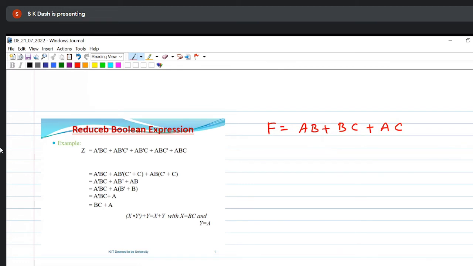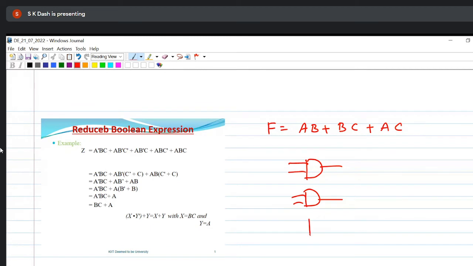If I want to implement this function, what different gates will be required? OR and AND. So basically, how many AND gates will I require?